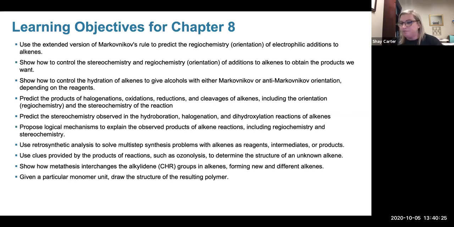Polymers are fairly new when we talk about organic chemistry. Organic chemistry reaches centuries and centuries into the past, but polymer chemistry is a relatively recent development in organic chemistry, and we're going to talk briefly about polymer chemistry toward the end of the chapter.